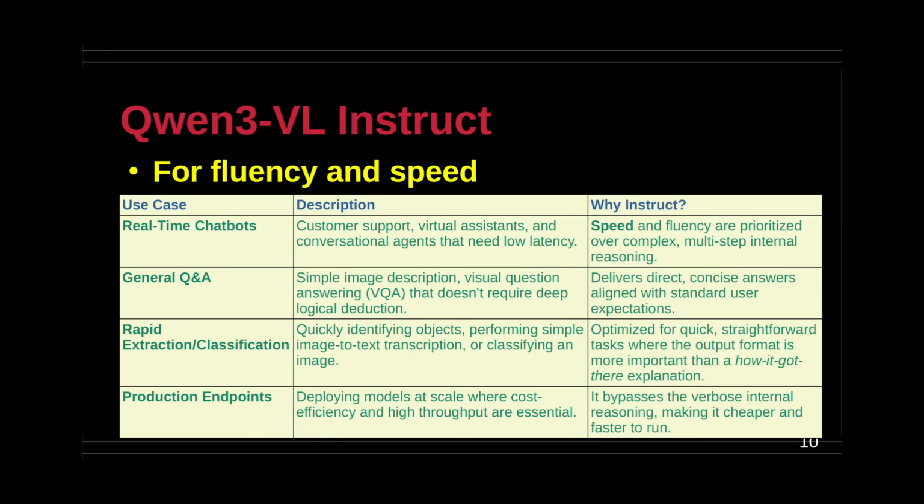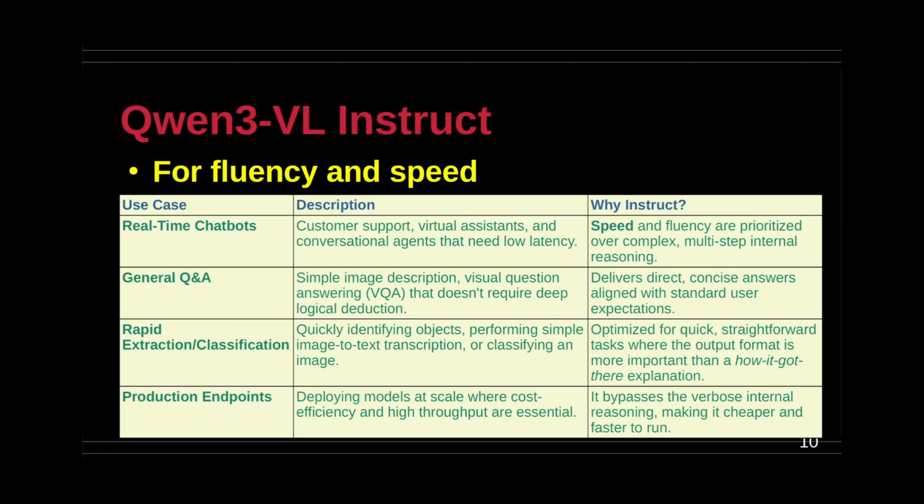When you need to perform an action like, tell me all the text on this invoice, you care about the output format, not the model's internal steps. The Instruct model is optimized for quick, straightforward tasks where the final output format is the most important.